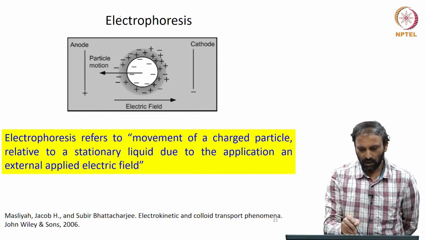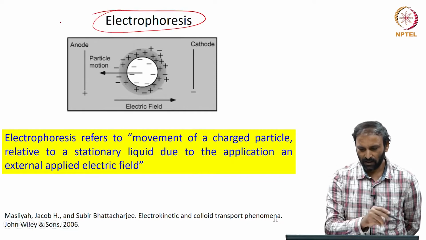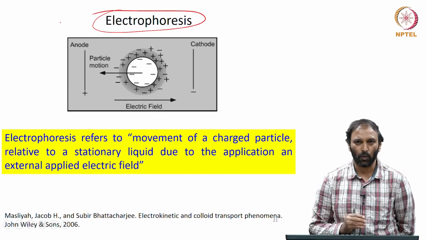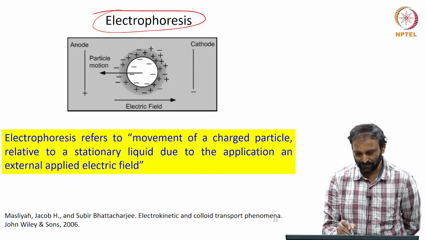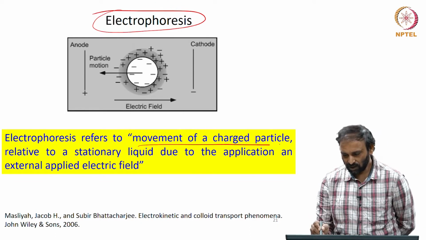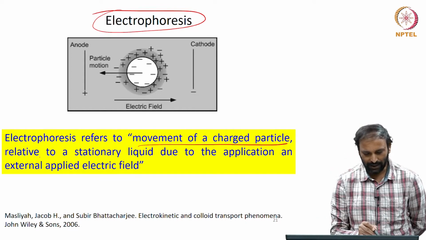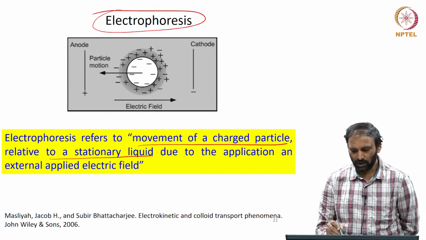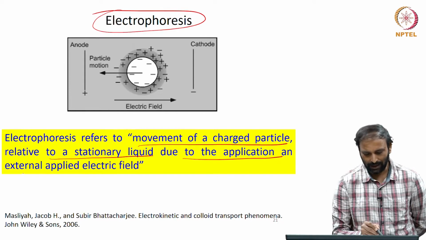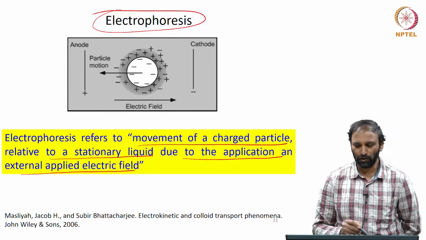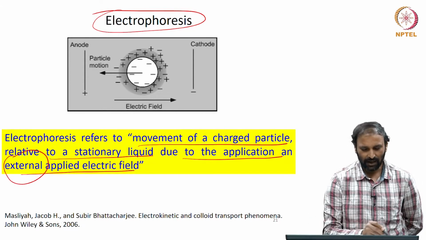Electrophoresis is very similar to what we saw in the case of electroplating. Electrophoresis refers to the movement of a charged particle relative to a stationary fluid due to the application of an external electric field.